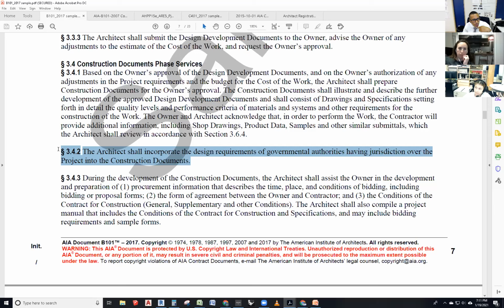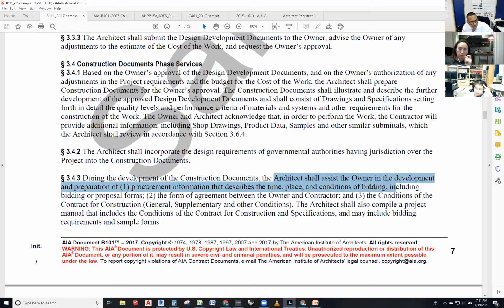Section 3.4.3, during the development of the construction documents, the architect shall assist the owner in development and preparation of, these are the other things I wanted to tell you, procurement information that describes the time, place, and conditions of bidding, including bidding or proposal forms, the form of agreement between the owner and contractor, the conditions of the contract for construction, A201, right?